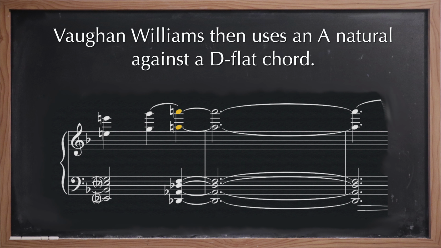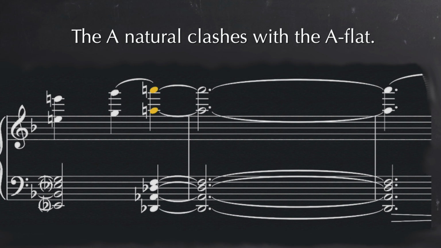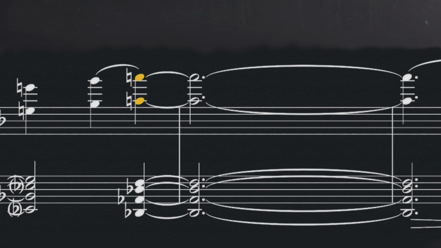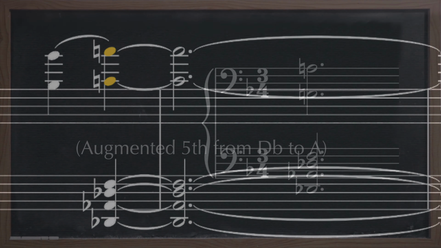Vaughan Williams continues this line in the strings with another unusual dissonance with the high A notes in octaves once again. The lower strings chord has now changed to a D flat major chord. The A natural in relation to the D flat creates a minor sixth kind of sound. However, it is technically an augmented fifth.